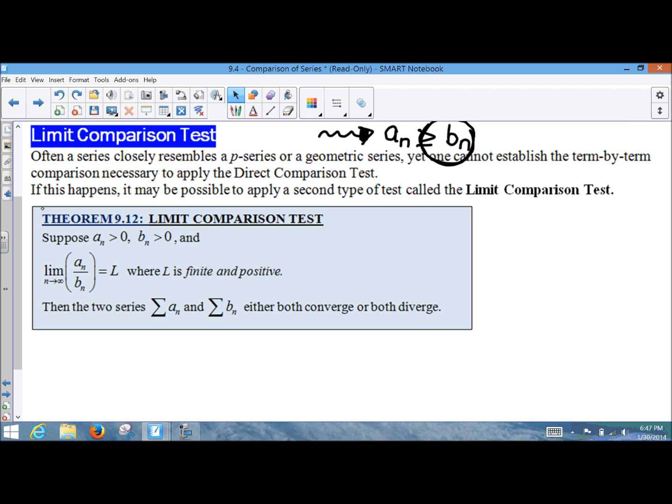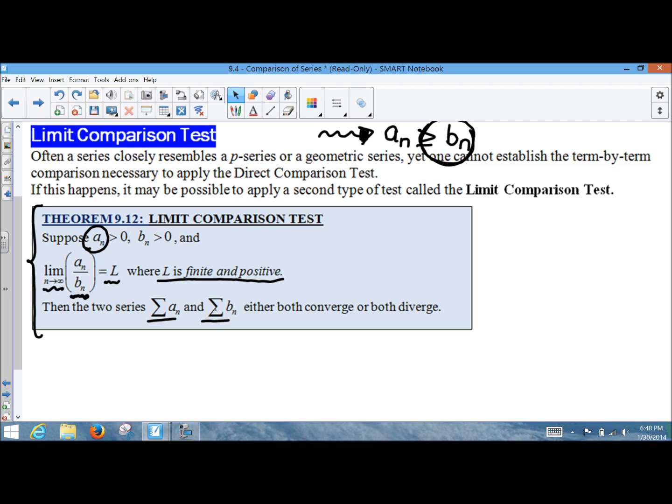So the limit comparison test, as it states in the Larson textbook, suppose you have a couple of series or a couple of nth term expressions, a sub n and b sub n, that are positive. Well, if the a sub n expression is the one that you're trying to find whether or not the series converges or diverges, simply divide it by your made-up b sub n expression, take that limit as n approaches infinity, and you'll perhaps get an answer L. If L is a finite and positive number, then the two series will do the same thing.